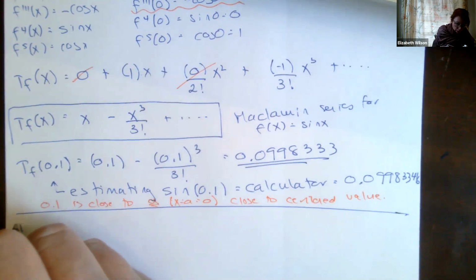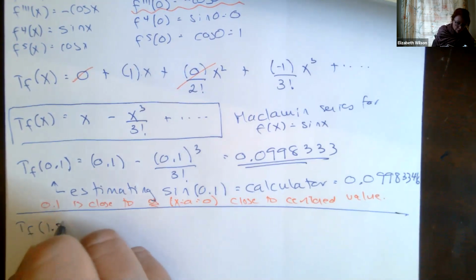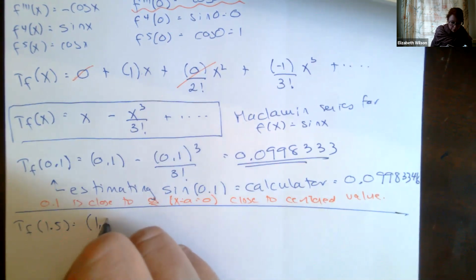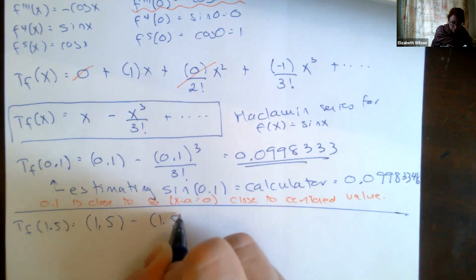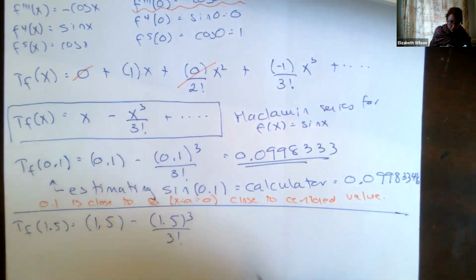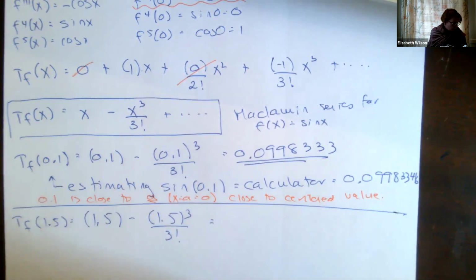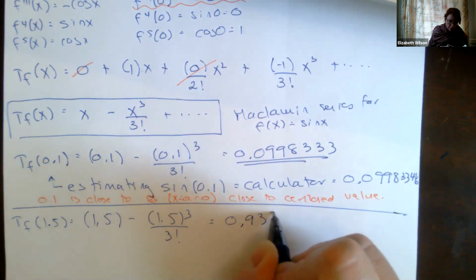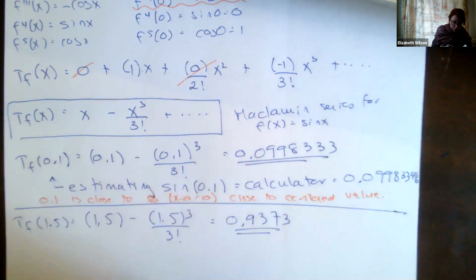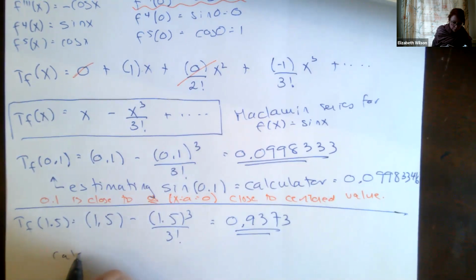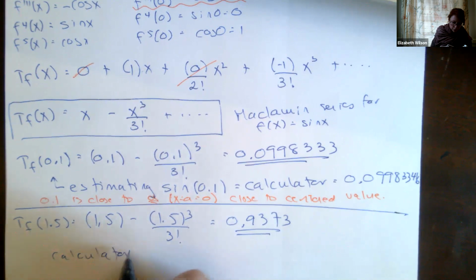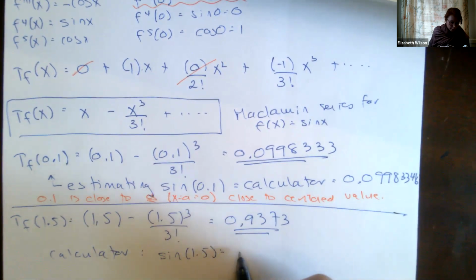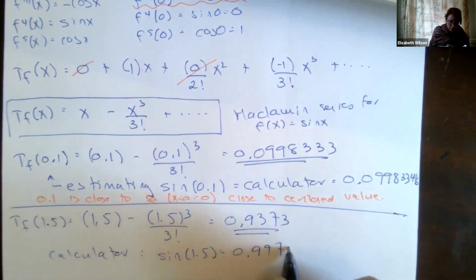So f of 1.5 is equal to, everywhere I see an x, I'm going to plug in a 1.5. 1.5 minus 1.5 cubed all over 3 factorial. And when I did it, I got 0.9373. Now remember, on a calculator, the sine of 1.5 was equal to 0.997494.